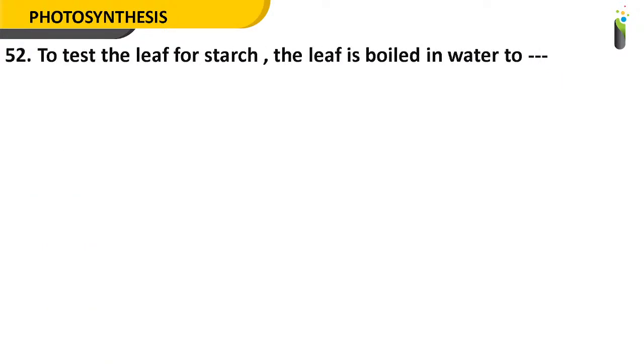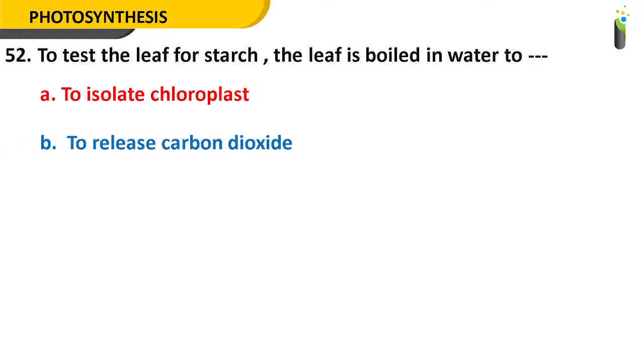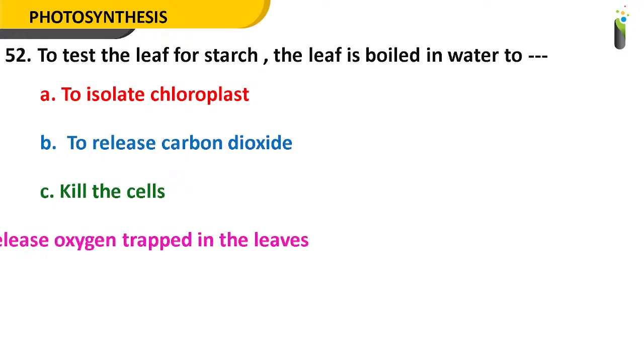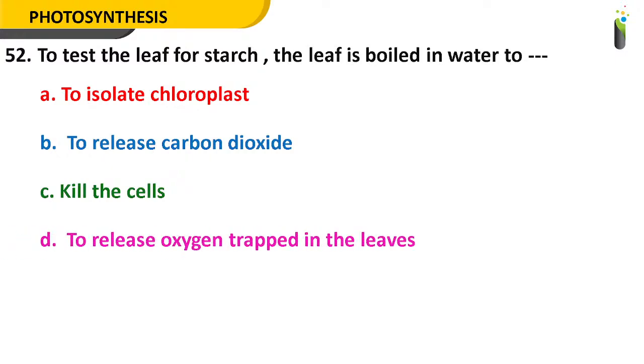Question number 52. To test the leaf for starch, the leaf is boiled in water to dash. A. To isolate the chloroplast. B. To release carbon dioxide. C. Kill the cells. D. To release oxygen trapped in the leaves.